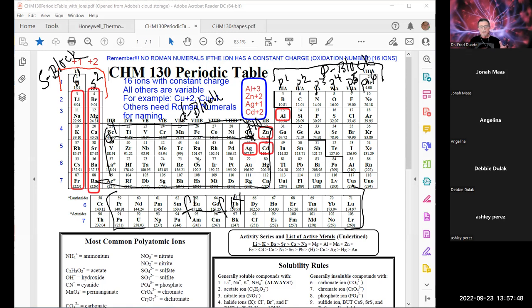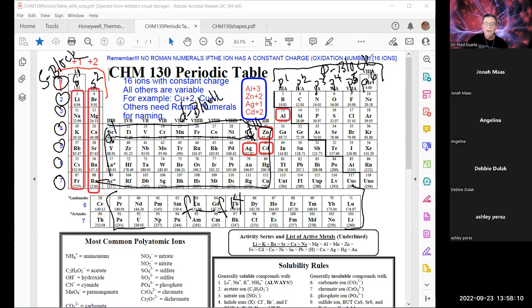Now, keeping that in mind, you can very quickly mark your periodic table with the energy levels: 1, 2, 3, 4, 5, 6, and 7. So with that information, you can literally get the electron configuration for most any one of these elements.